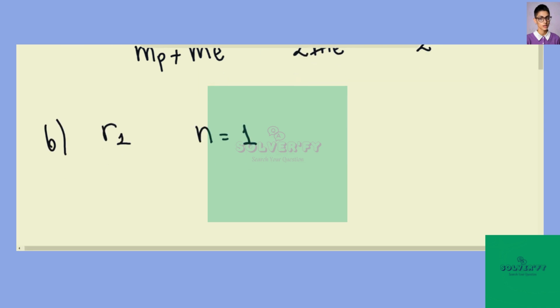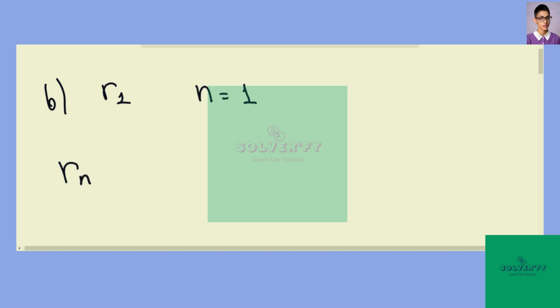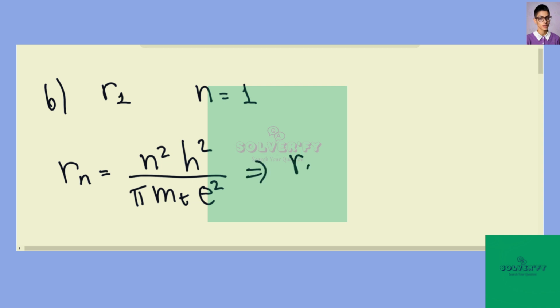We know the equation for Rn for any given state: n squared times the Planck constant squared over pi times the reduced mass times the charge of the electron squared. So for R1, when we introduce 1 here, we obtain 1 there.